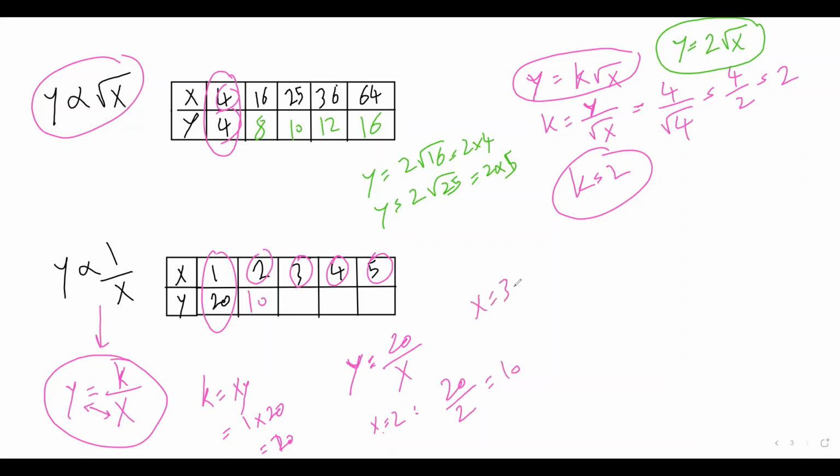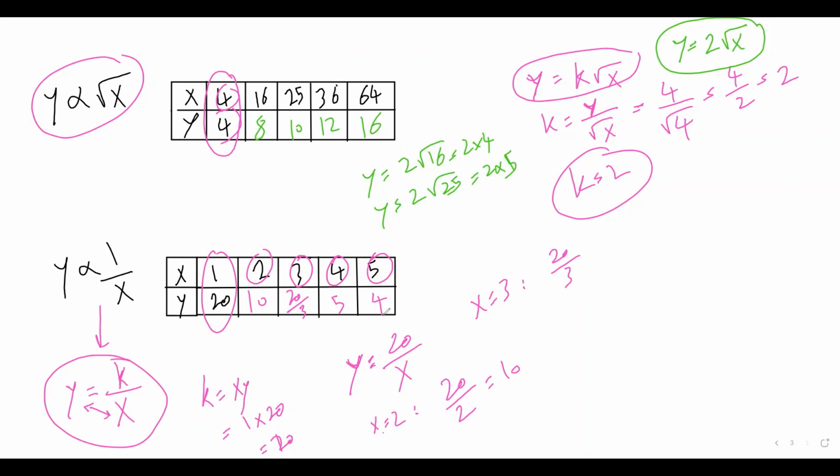When x is 3, 20 over 3, which is basically 6.6 with a repetition of 6, you can round it up or you can leave it as a fraction. I think it's okay if we leave it as a fraction. Okay, 4, 20 divided by 4, 5, 20 divided by 5, 4, right? As simple as that.